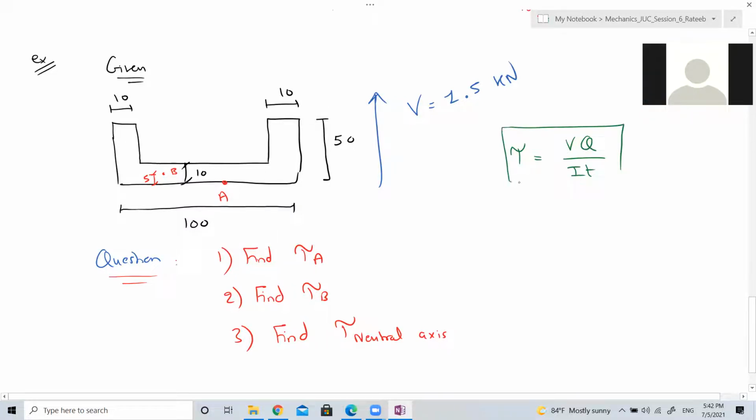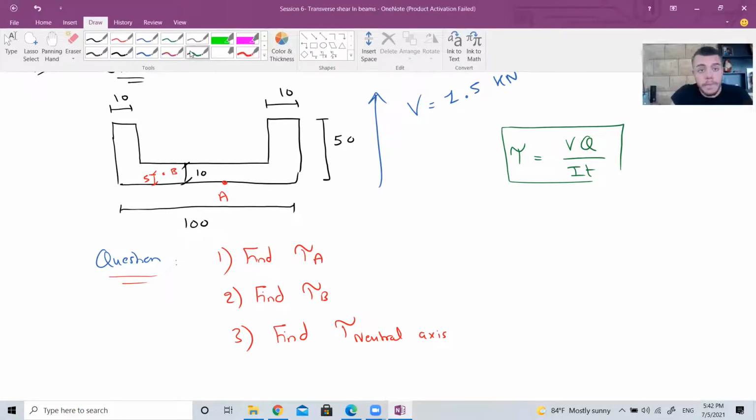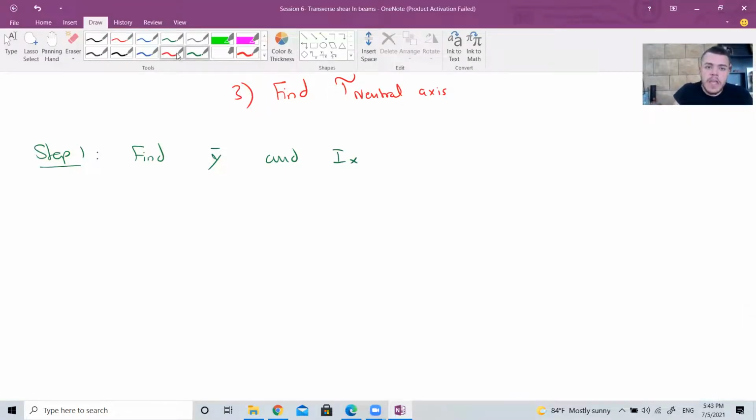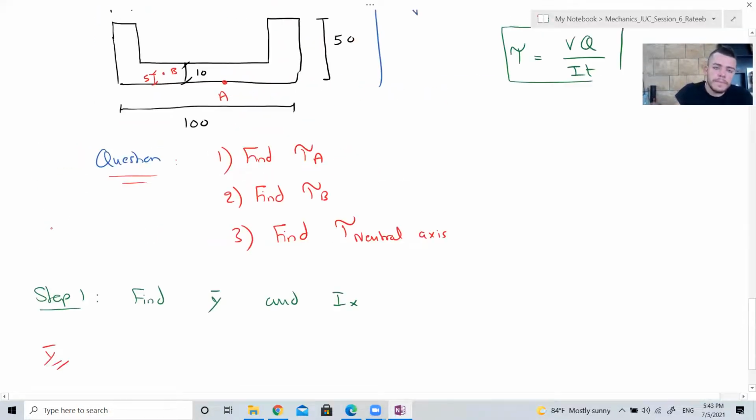So the first step is to find the centroid and the moment of inertia. Step 1, find the centroid, meaning find y bar and the moment of inertia Ix. How do I find y bar?